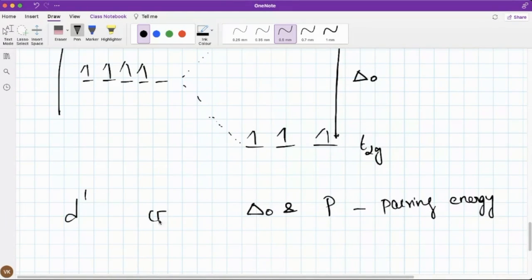This is the crystal field stabilization energy. There is delta naught, and P is the pairing energy.